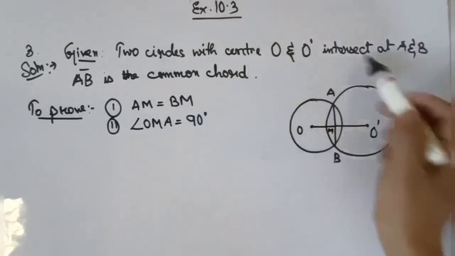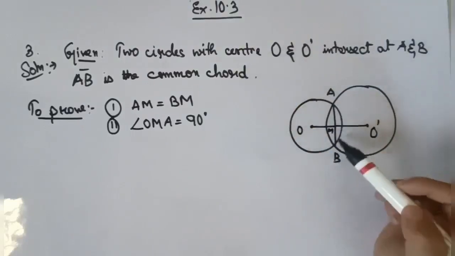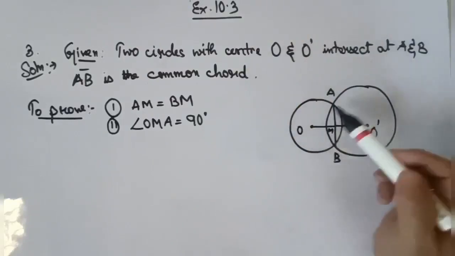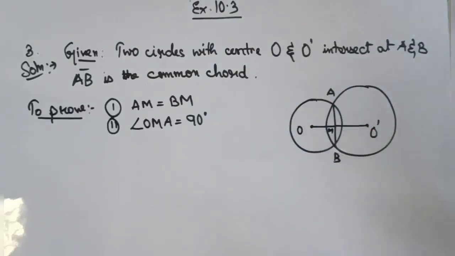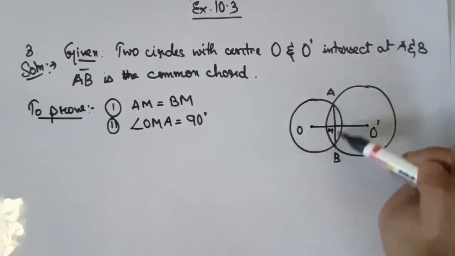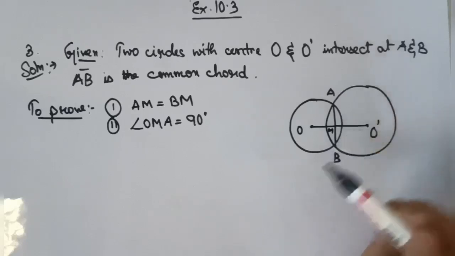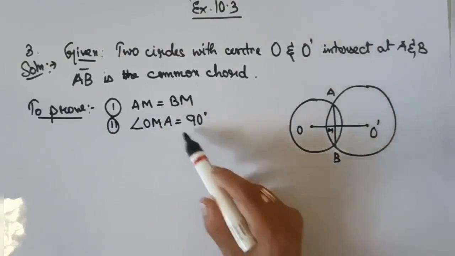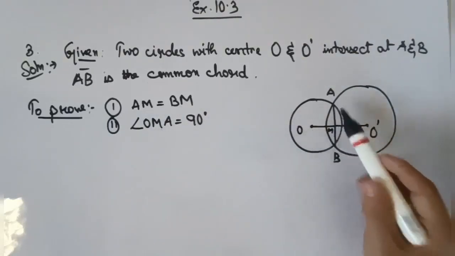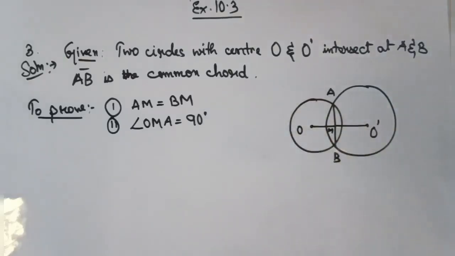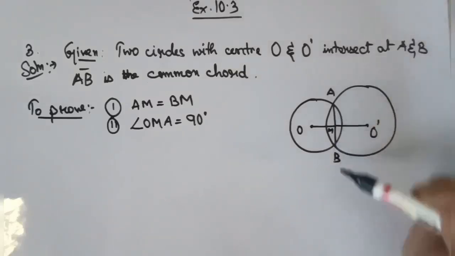These two circles intersect at the points A and B. So AB is the common chord of the two circles, and we are to prove that the centers of these two circles lie on the perpendicular bisector of this chord AB. To prove AM equals BM and angle OMA is equal to 90 degrees. These two will prove that the centers of the two circles lie on the perpendicular bisector of the common chord.